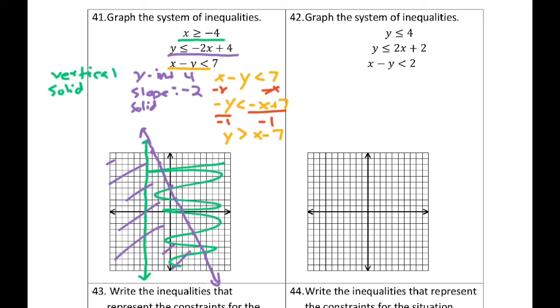So I go to -7 on my y-axis, and I have a slope of +1. And I can also go the other way. This is going to be a dashed line.